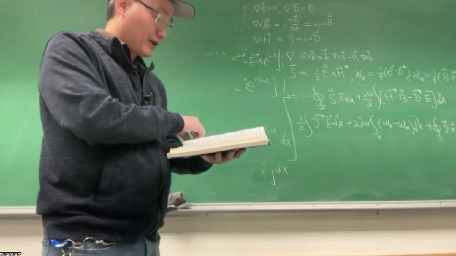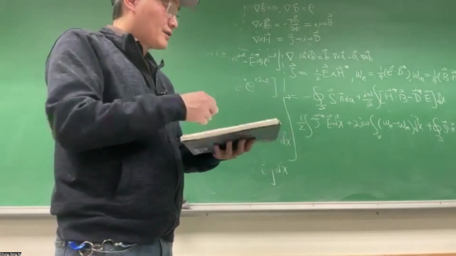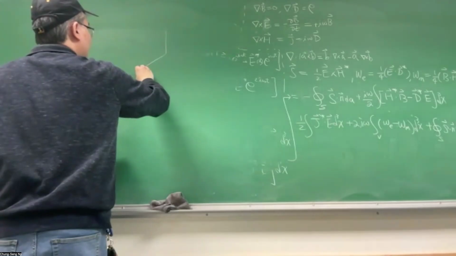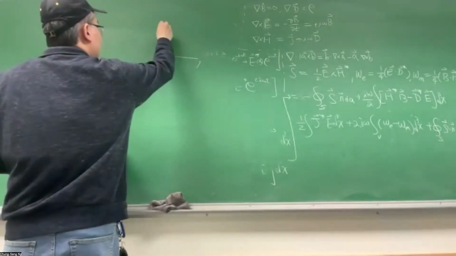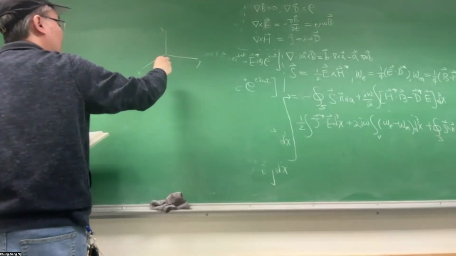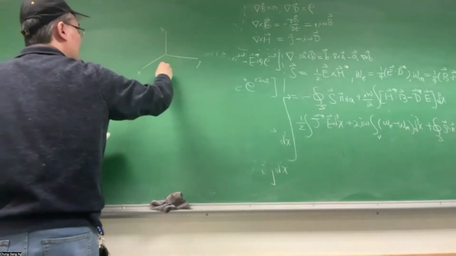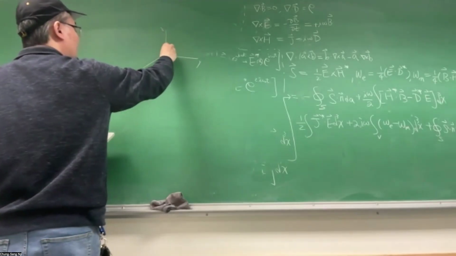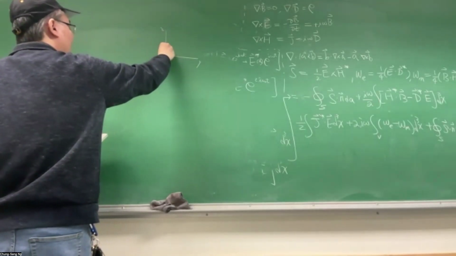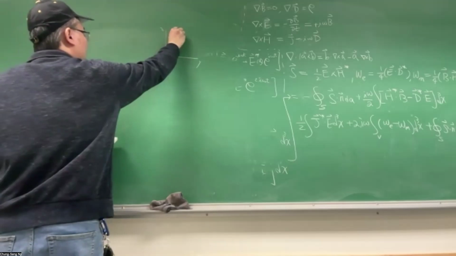But we stay with rectangular coordinates, and there's still a freedom because you have x, y, z coordinates. You can use this coordinate system to represent a vector, and you can translate the vector to the center, whatever the center.